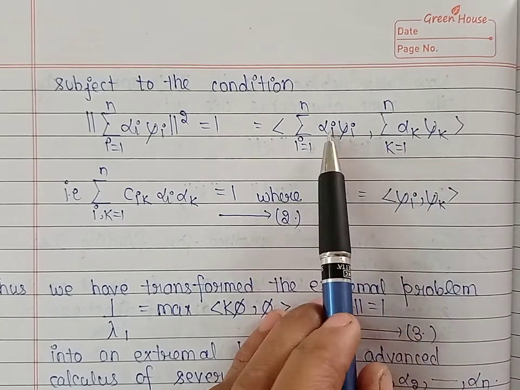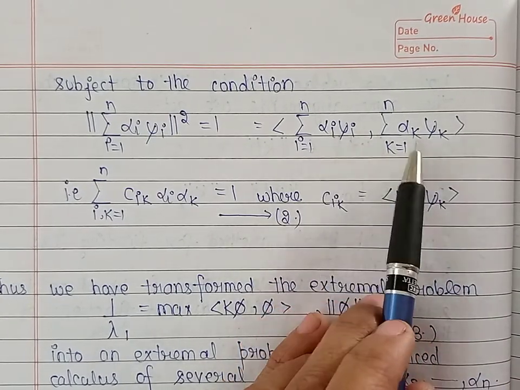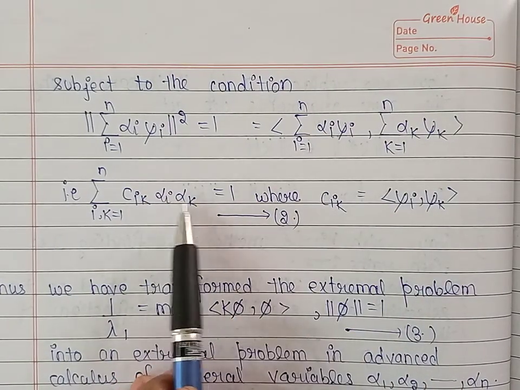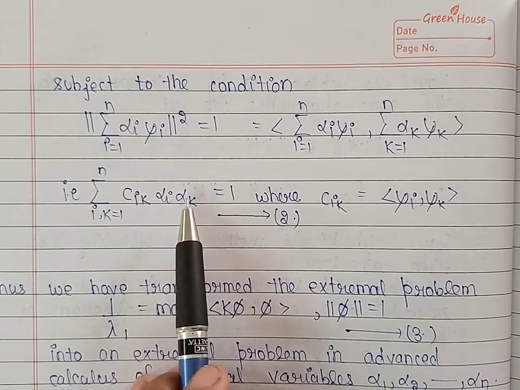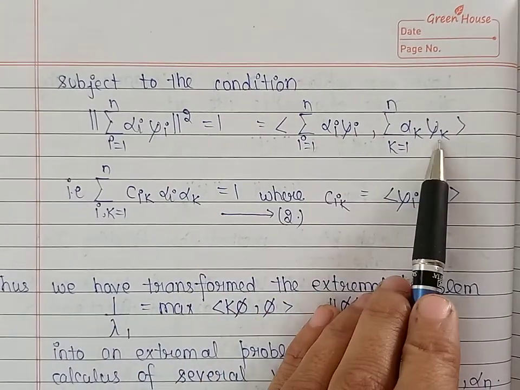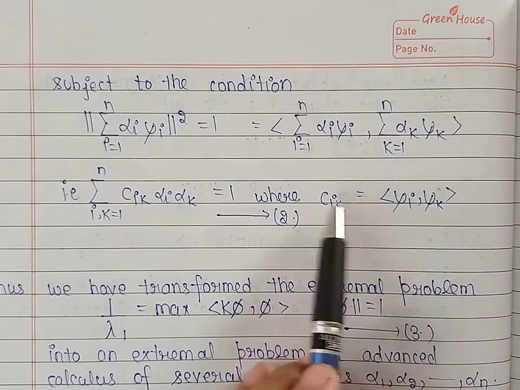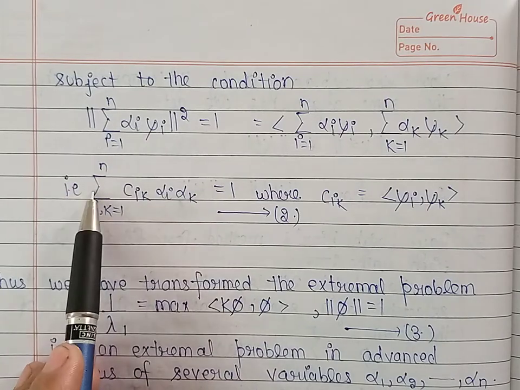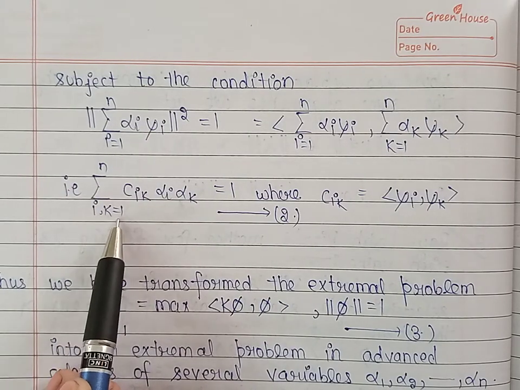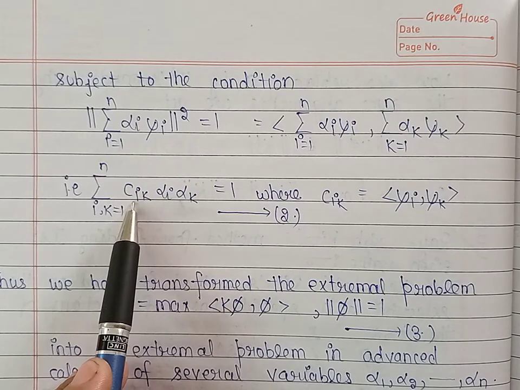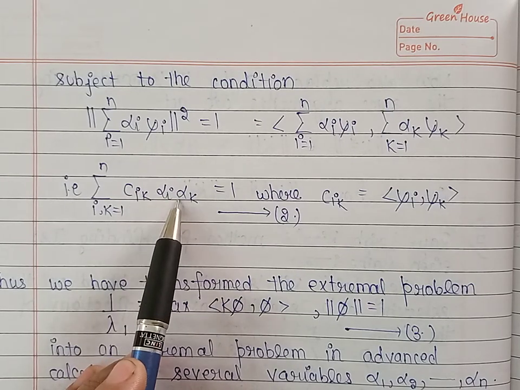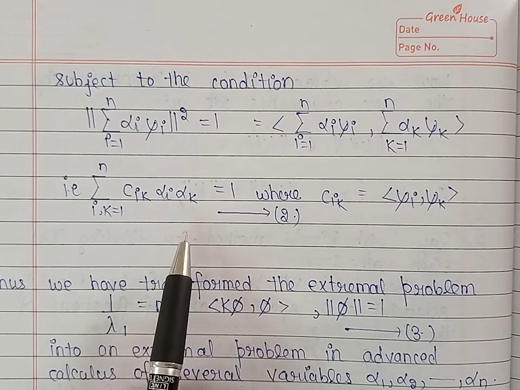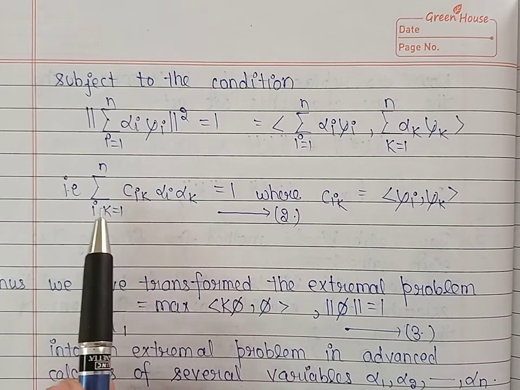Again, taking the scalars outside from the first and second argument, this becomes summation alpha i alpha k, and inside we have inner product of psi i with psi k, which we have denoted by C i k. So this condition becomes summation i and k varies from 1 to n C i k alpha i alpha k is equal to 1.